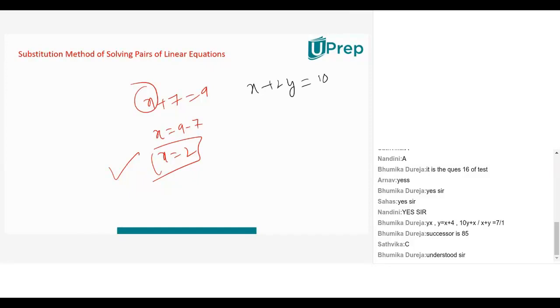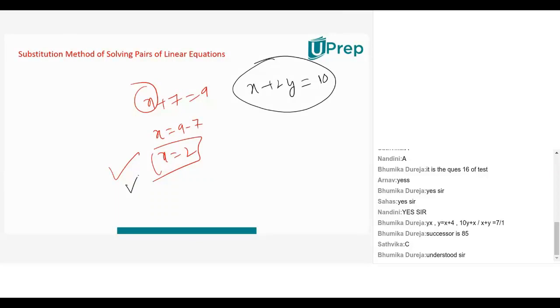If I ask you to find the solution of this linear equation, what does that mean? It means you need to find the values of the variables which satisfy this equation. Obviously, here finding the values of the variables is very difficult because two unknowns are given.